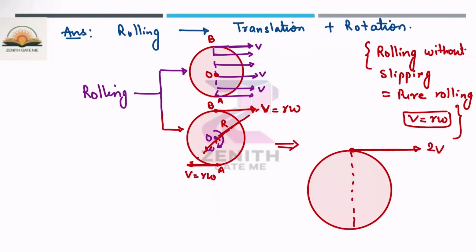Now at point A, the velocity is forward from translation and backward from rotation, so I can say the velocity at point A will be 0. What about the velocity at point O? At point O there is only translation, because for rotation the r value is 0 at this point O. So this is also a velocity.